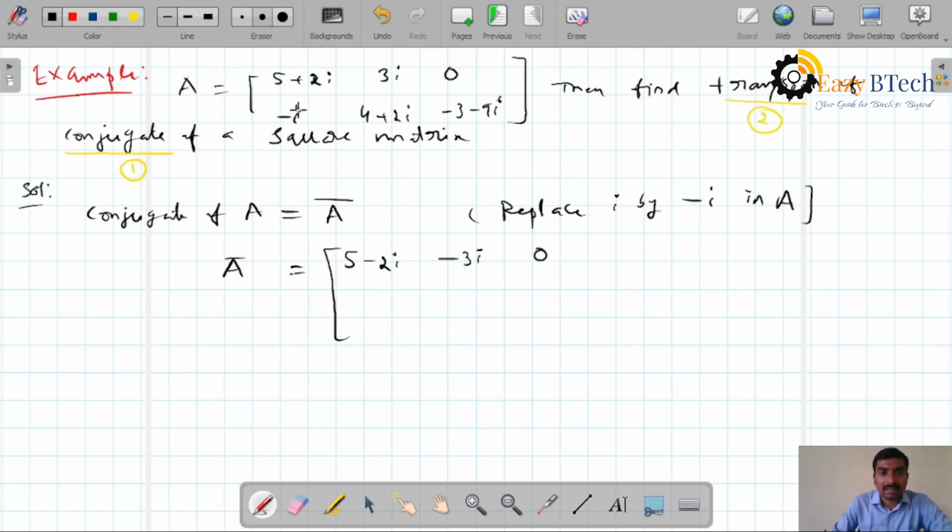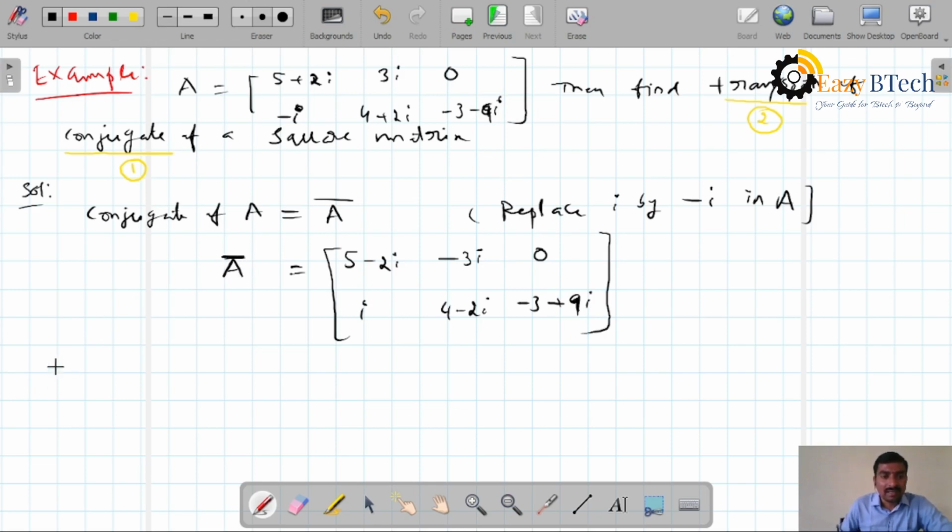Here minus i becomes plus i, since minus into minus is plus. Here 4 plus 2i becomes 4 minus 2i. Here minus 3 minus 9i becomes minus 3 plus 9i. This is A bar, the conjugate of A.